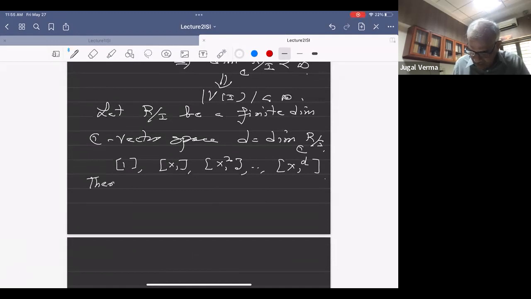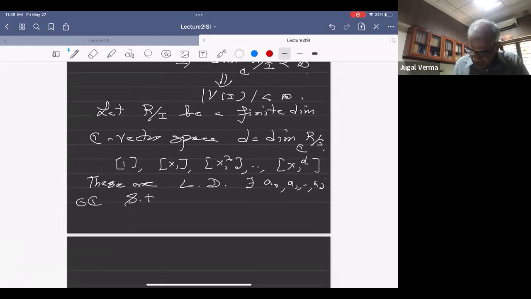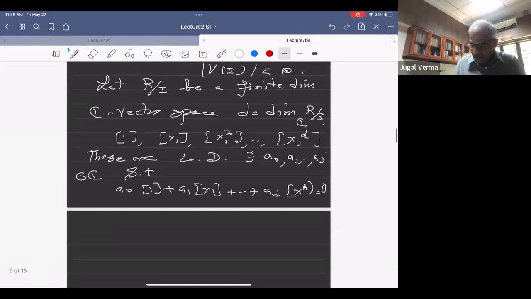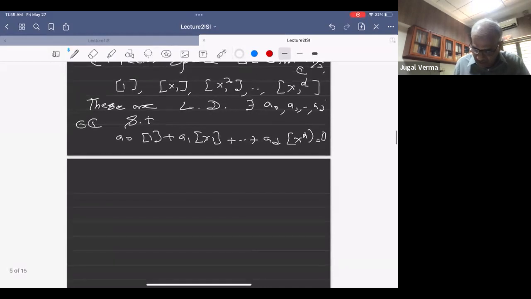So there exist complex numbers a0, a1, up to ad, such that a0 times 1 plus a1 x1 plus up to ad x1 to the d is 0 in R mod I. But the way we add residue classes, this is equal to the residue class of a0 plus a1 x1 plus a2 x1 square plus up to ad x1 to the d.